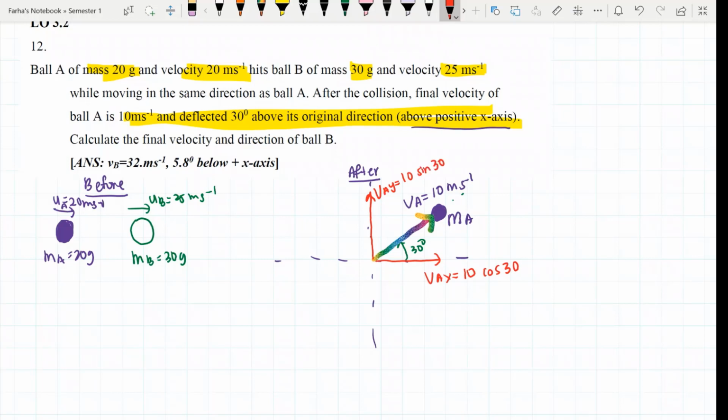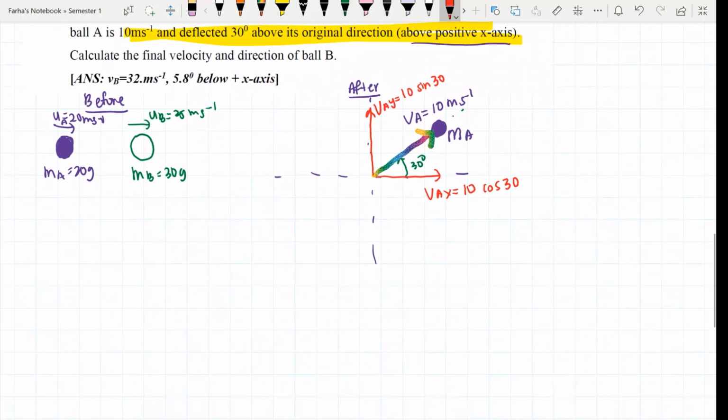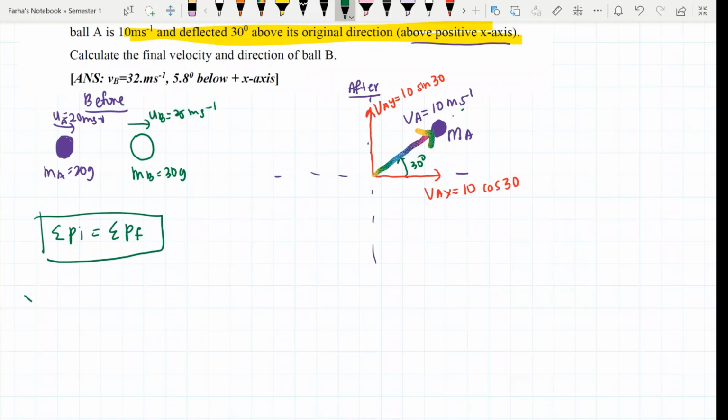Now calculate the final velocity and direction of ball B. So jadi sekarang kita apply the principle of conservation of momentum for X and Y axis. Daripada persamaan sum of P initial equals sum of P final, ini adalah konsep dan kita asingkan X axis dan juga Y axis.